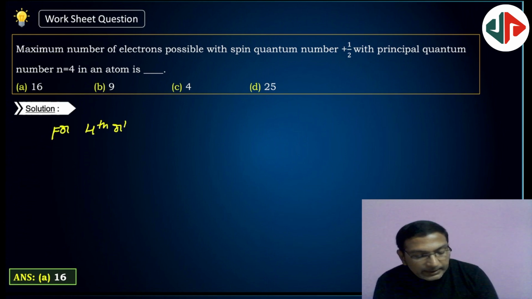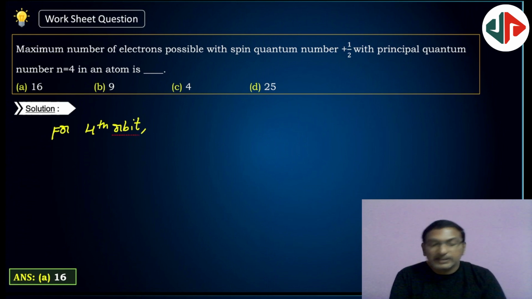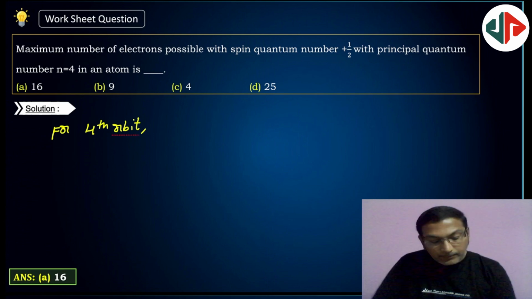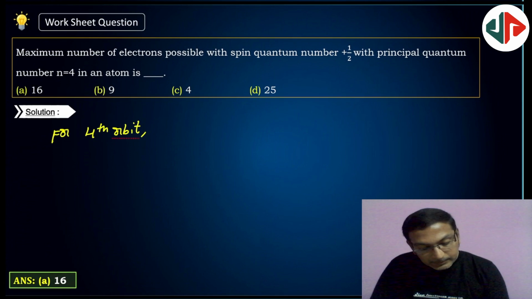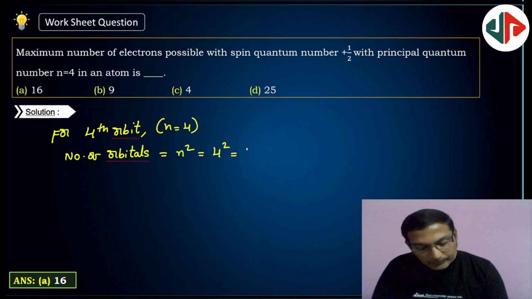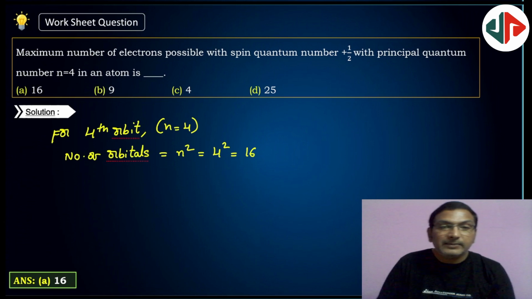For the fourth orbit, how many orbitals will be present? Number of orbitals equal to n square, here n equal to 4 is given, that is 4 square, 16 orbitals will be there.